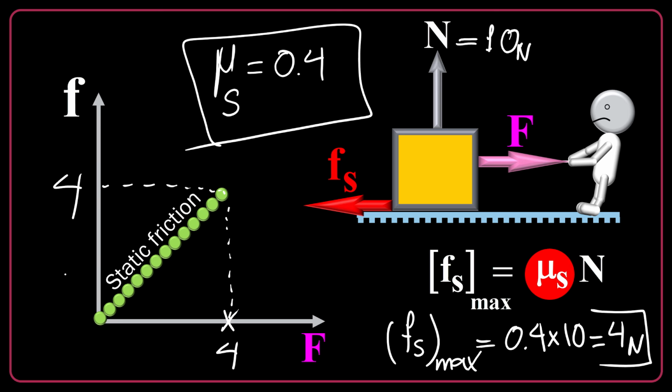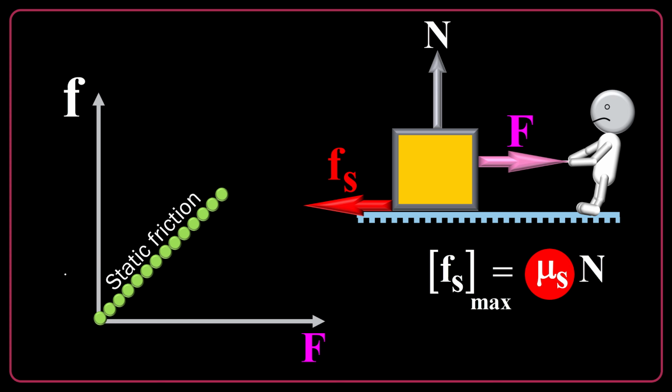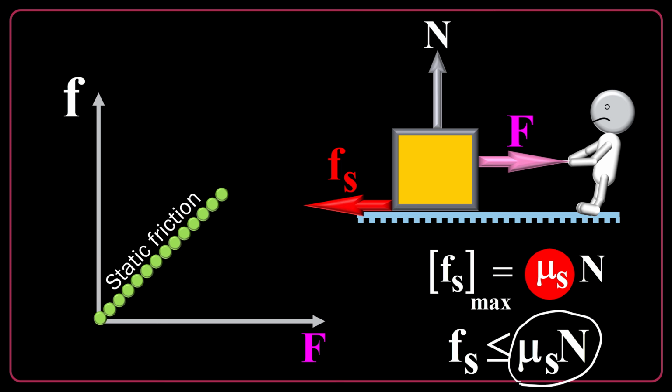Larger than that, the object will lose its rest status, so it will accelerate, and it's going to be dynamic friction. And you learned dynamic friction in the previous video. So the Fs will always be less than or equal to mu s times n, and so it's the borderline here. Okay, maximum. Of course, you know that it is exactly mu s times n.